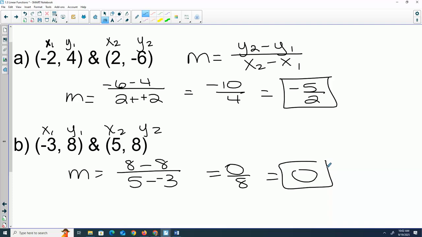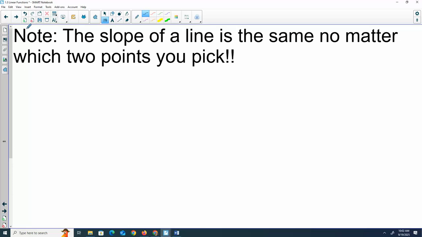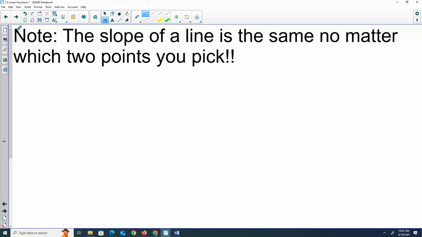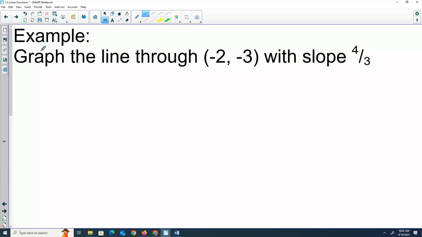What kind of line is that? Horizontal. Slope of 0 is always a horizontal line. All right, any issues finding slope between 2 points? Okay. Remember on the line, it doesn't matter which 2 points you pick, your slope is always the same. So if we had a line, every one of us could pick different points, and we'll get the same slope.